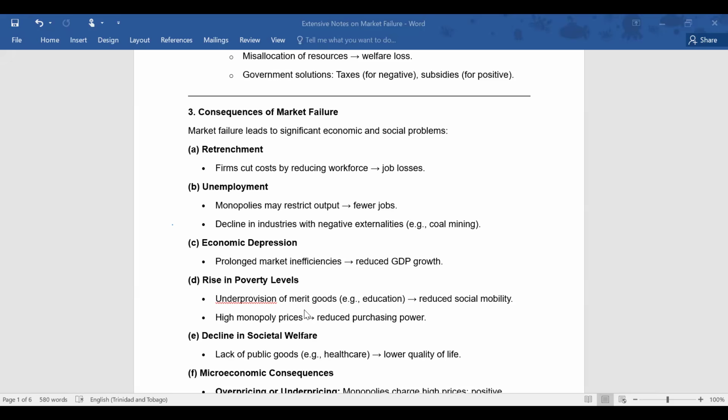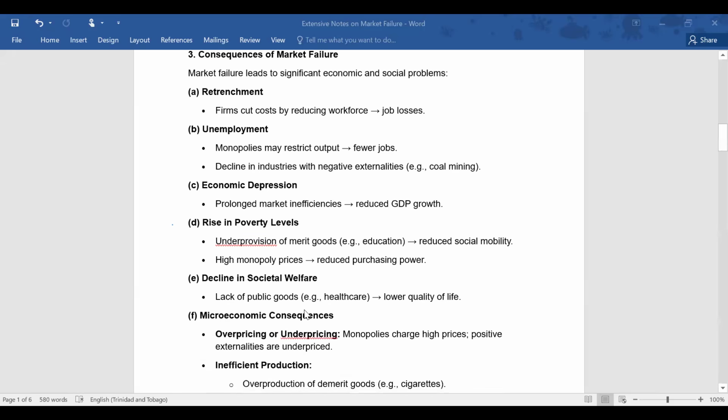Because of the inefficiencies in the markets, we now have a reduction in our GDP, or gross domestic product, something that we'll be looking at later. We have less merit goods. So now it's our people who are less educated. It's our people who are getting sick a lot because we don't have as much healthcare. Now they can't earn as much money.